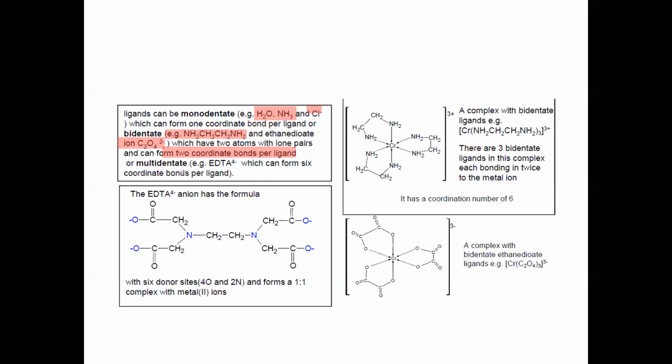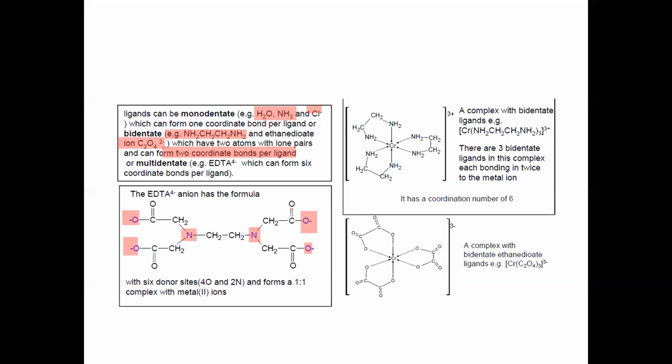And multidentate or polydentate, like EDTA. This is the structure of EDTA, the abbreviation for a compound. EDTA can form a bond from this side 1, 2, 3, 4, 5, 6.